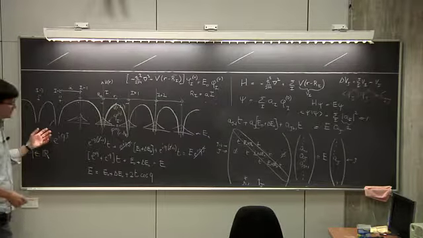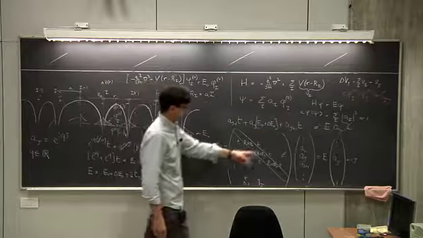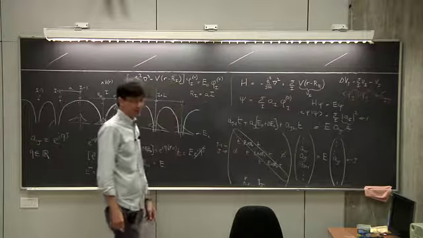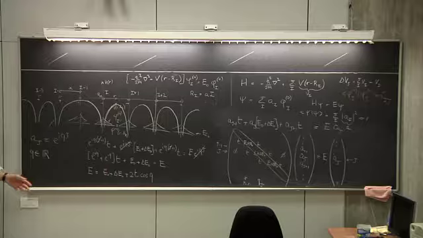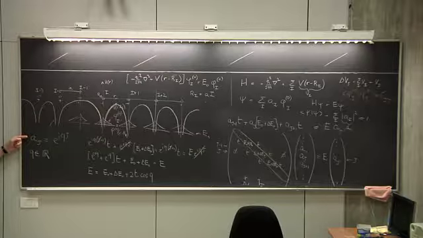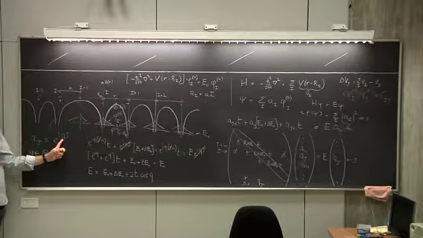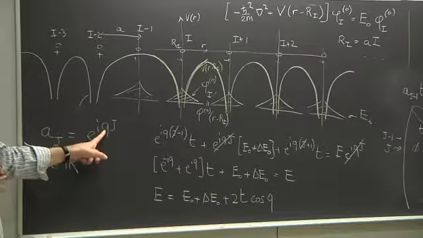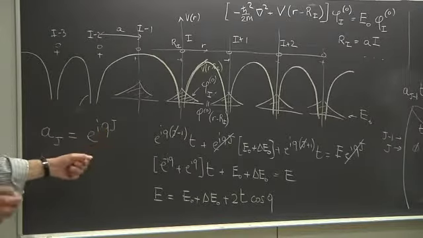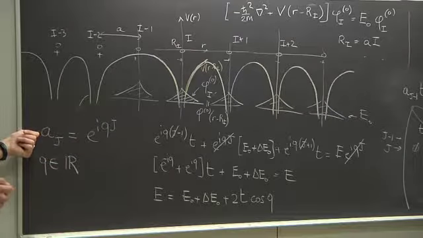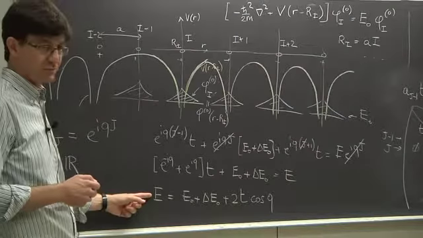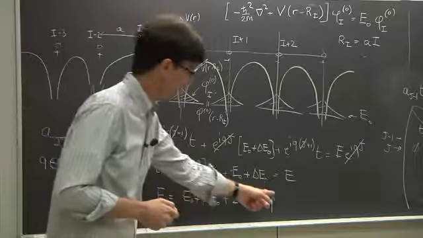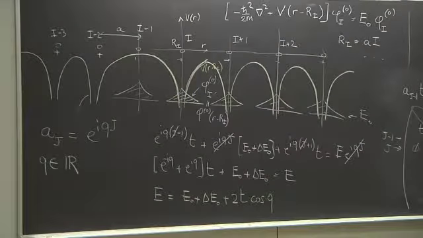Here my eigenvector is infinitely large, but I still find infinitely many possible solutions, not just one, not just two, but infinitely many. And I can label each one of them with this number q. A different q will give me a different eigenvector and a different eigenenergy, expressed in this form. Okay?